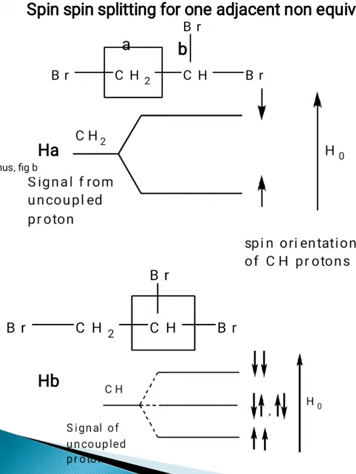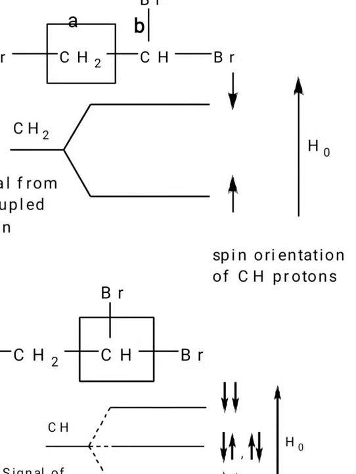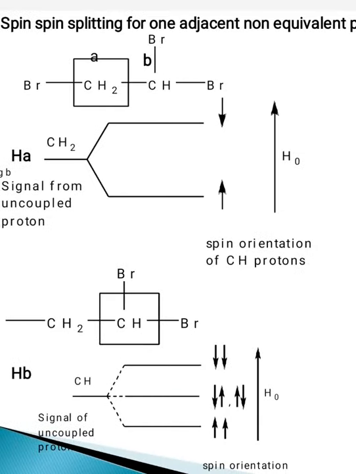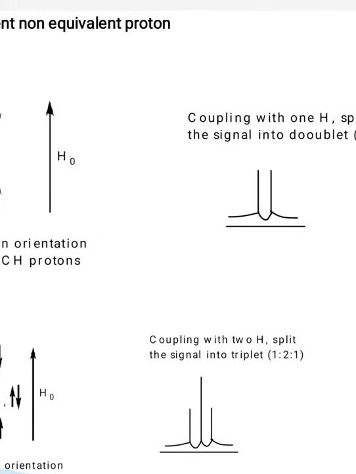The nuclei of this CH2 set couple with the spin of the non-equivalent nucleus of the adjacent hydrogen atom. Only one nucleus is present, and hence the possible spin orientations are like this. So there are only two possible spin orientations of this CH nucleus, and hence we get a doublet for this CH2 proton in equal intensity ratio, a 1:1 ratio.